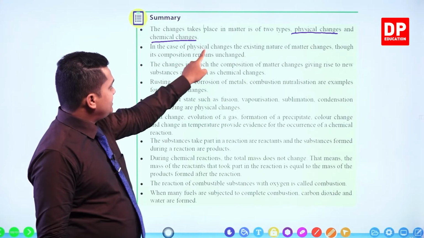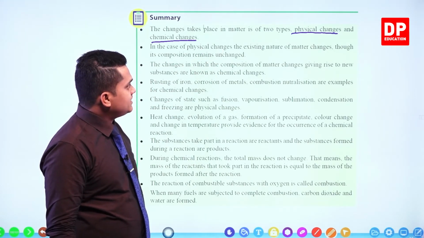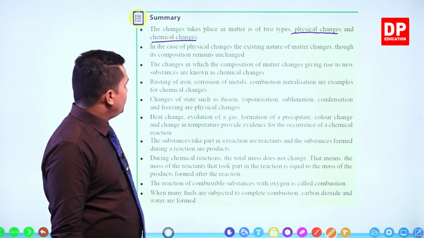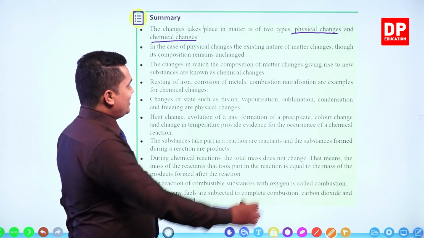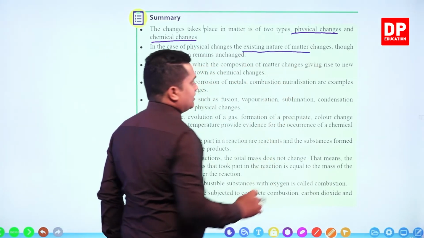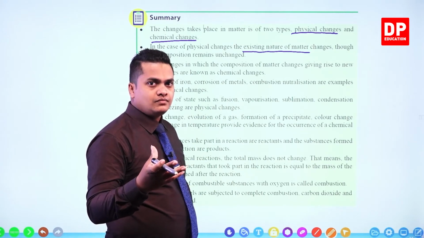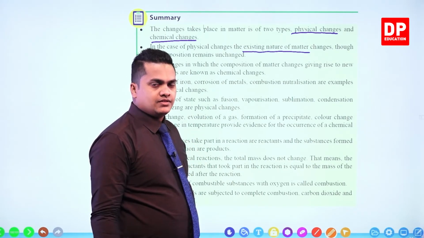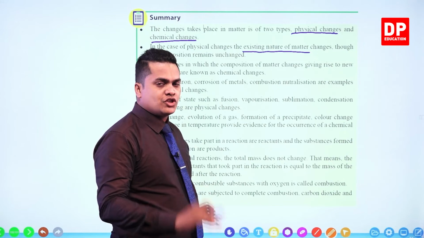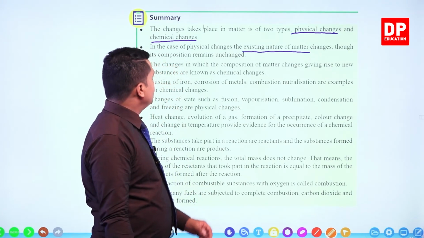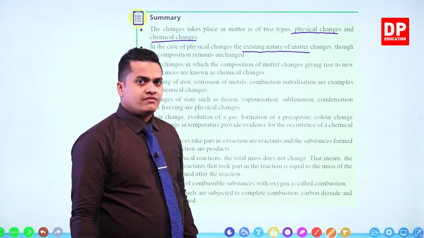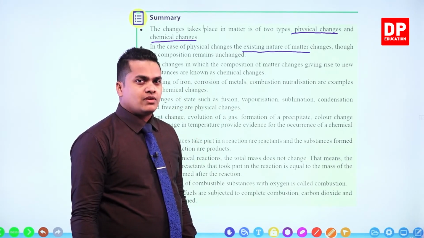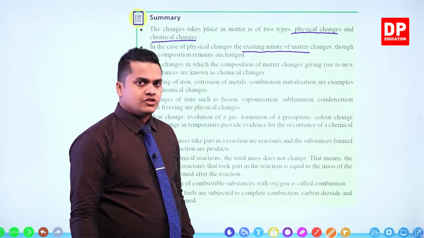In the case of physical changes, the existing nature of matter changes, though its composition remains unchanged. Here, existing nature means the state or the size of the particle. That is what changes in physical changes, but my dear children, the composition of the matter remains unchanged.